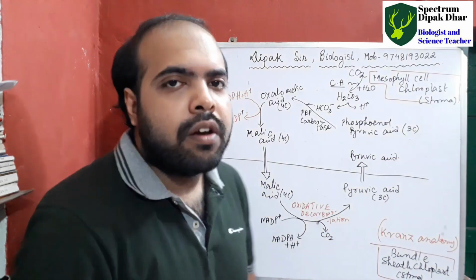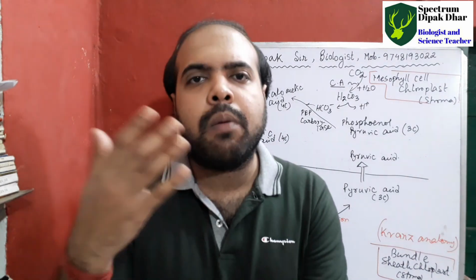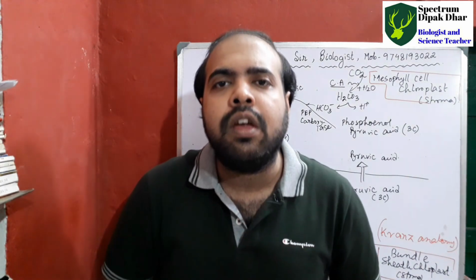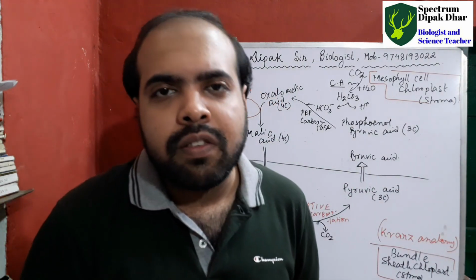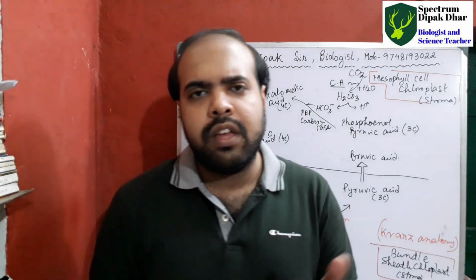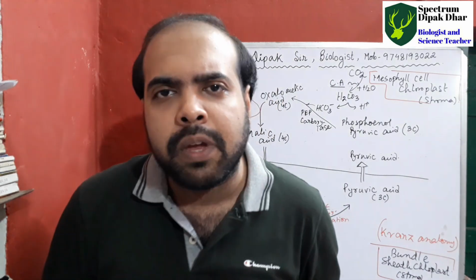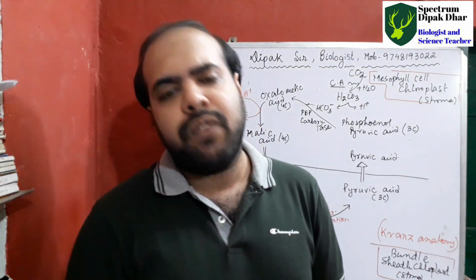Now after reaching the mesophyll cell chloroplast stroma through the plasmodesmata, there will be a phosphorylation of the pyruvic acid at the 3rd carbon by what? What is the phosphate donor here in this case? That is the ATP which has been formed in the light dependent phase.